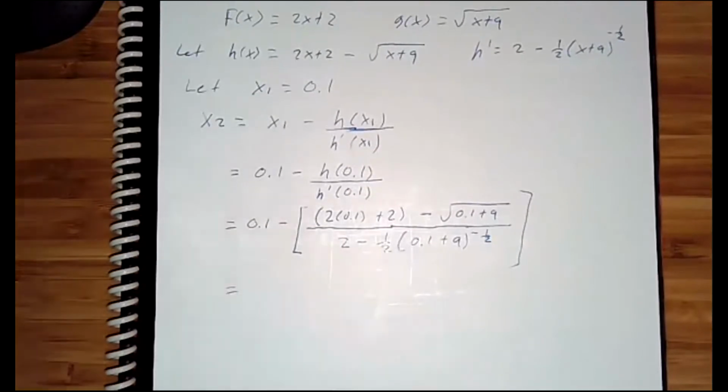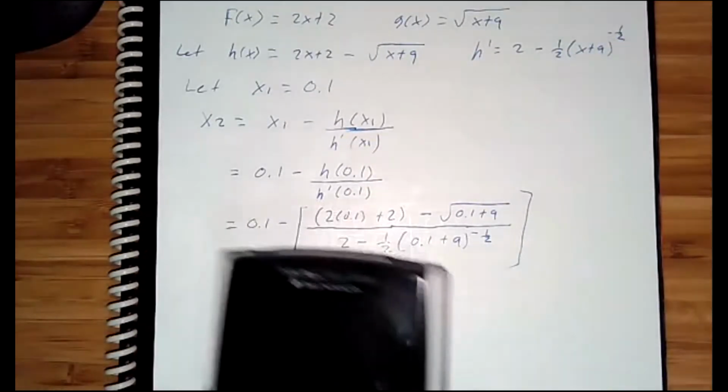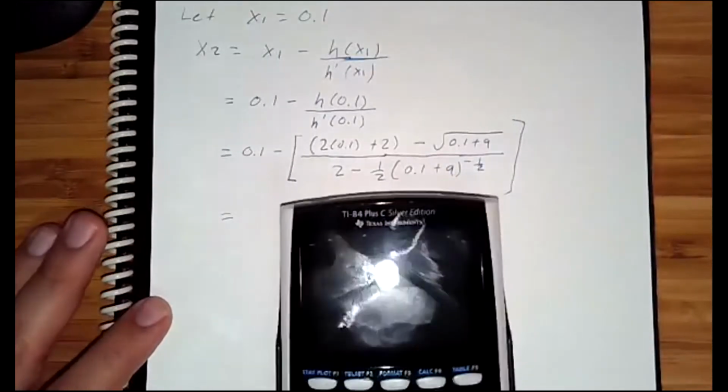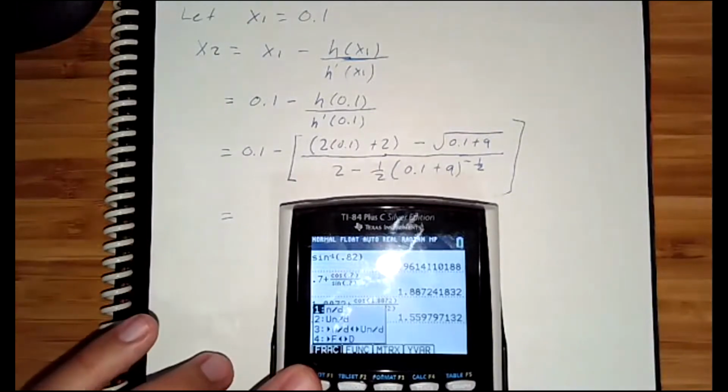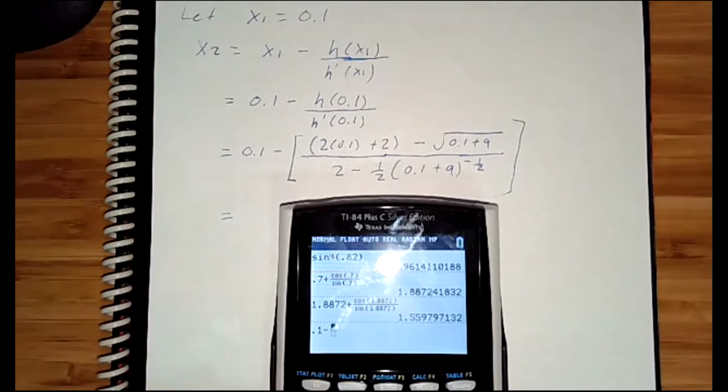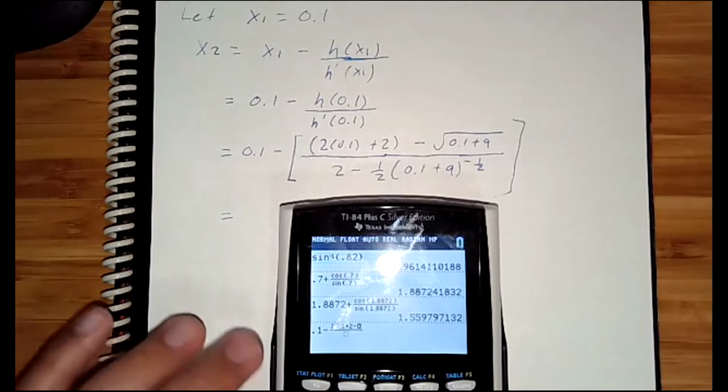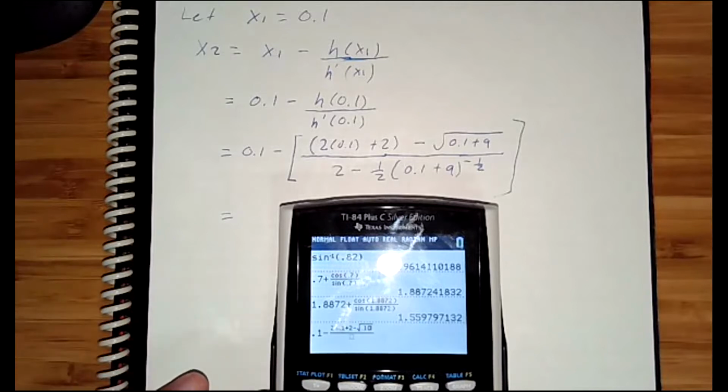So this is a calculator problem now. Maybe the whole thing is. So 0.1 minus, that'll be 2 times 0.1 plus 2 minus square root of 0.1 plus 9, over 2 minus 0.5 times 0.1 plus 9 to the negative 1/2, which I'll use as 0.5.